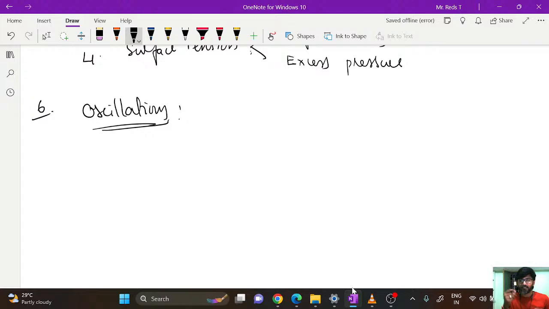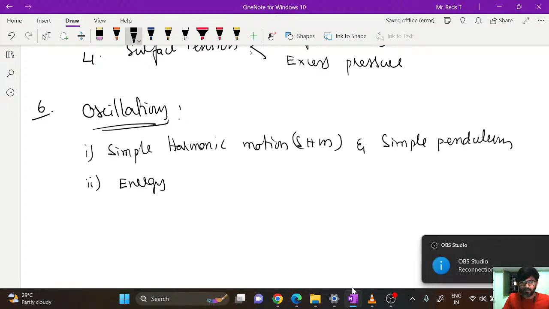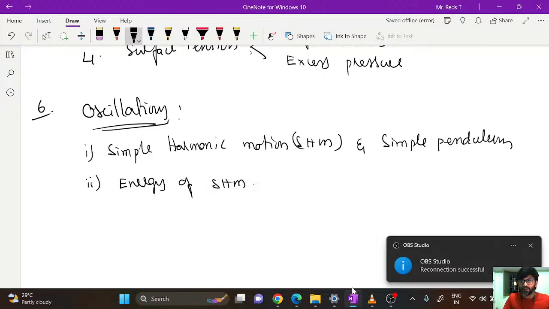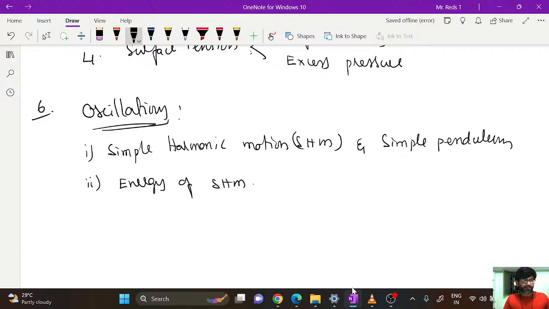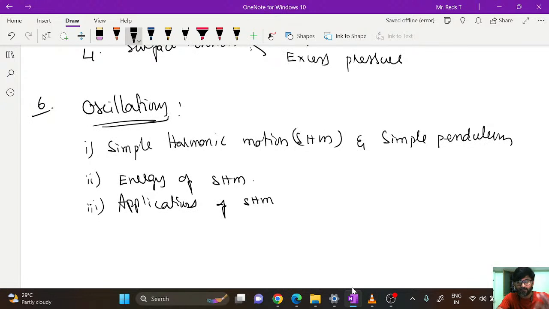Not only simple pendulum, but also the spring mass system, energy of SHM, simple harmonic motion based questions, and specifically different applications of SHM in systems other than the simple pendulum. And when you say angular simple harmonic motion and linear simple harmonic motion, these related terms also, simple concepts we have to be thorough with in this particular chapter.